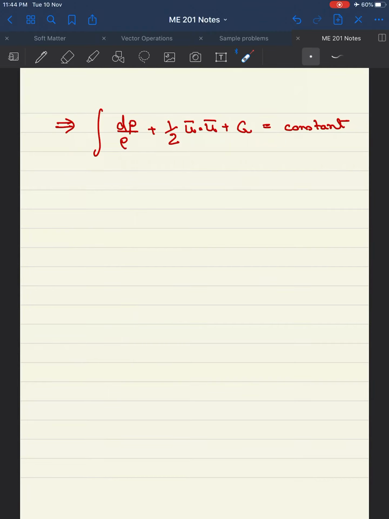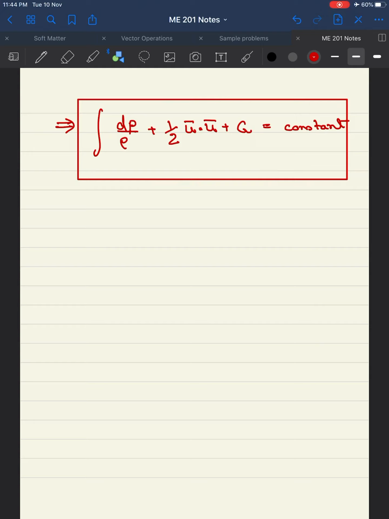Okay, so let's box this. This is a very, very important equation. This is Bernoulli's. Okay, so this is a very important formulation.